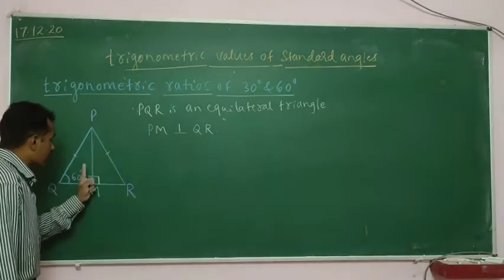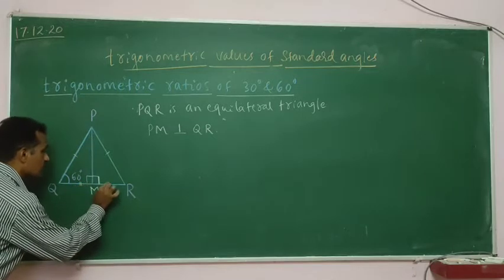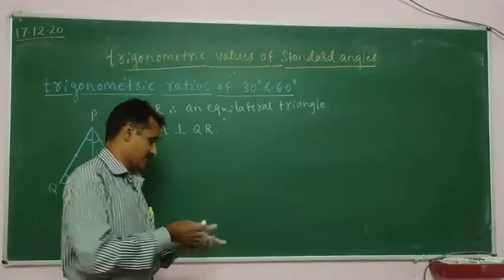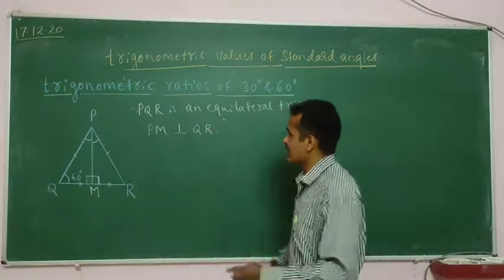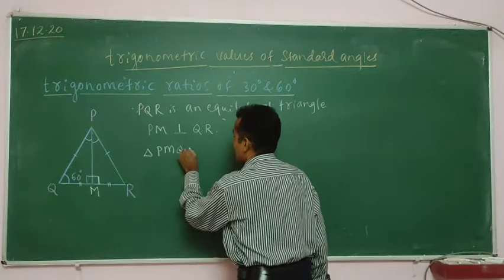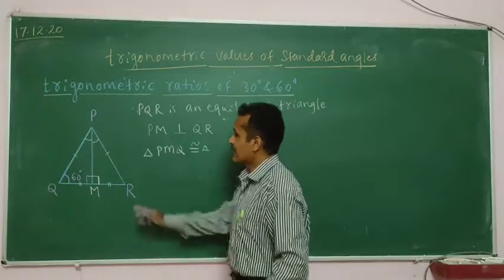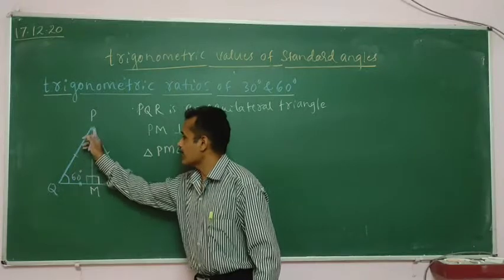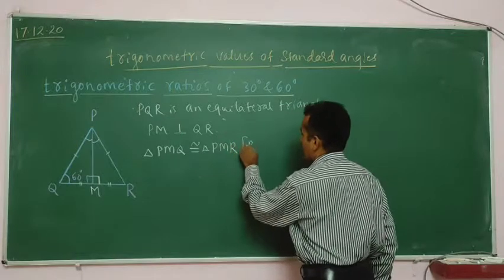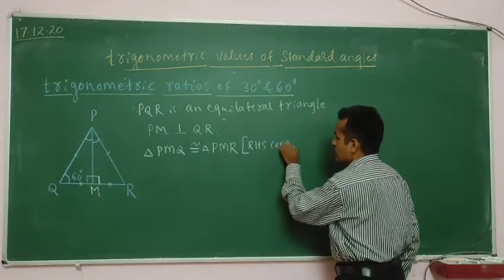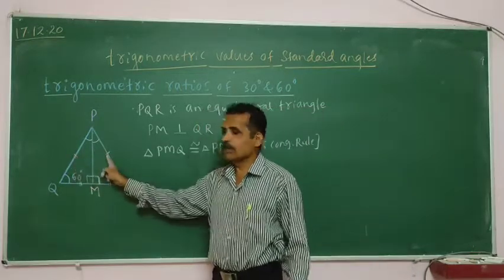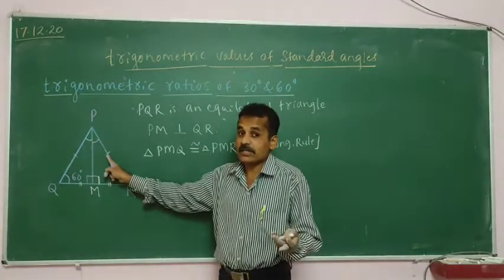So when they are congruent, you can say these two are equal to each other as well as these two are equal to each other. For simplicity I will not write all those things. I will write triangle PMQ is congruent to triangle PMR because of the RHS congruence rule. These two are equal because it is an equilateral triangle, all sides are equal.